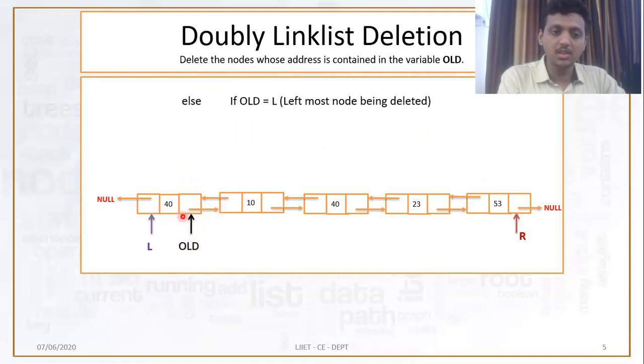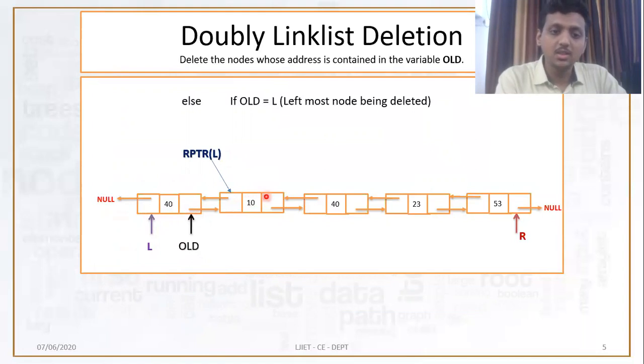If I am removing this node, then what happens? L should point over here. The name of this node is L, you can also say old, but I'm just referring to it as L. So what is the name of this next node? It is RPTR of L. Why?